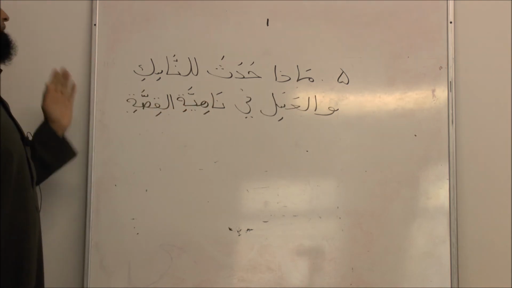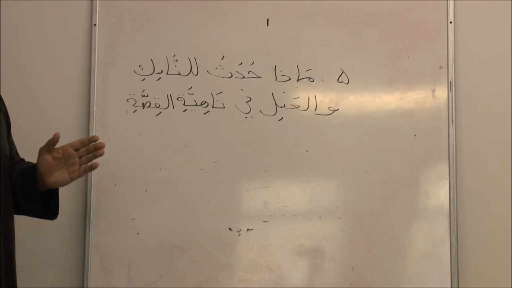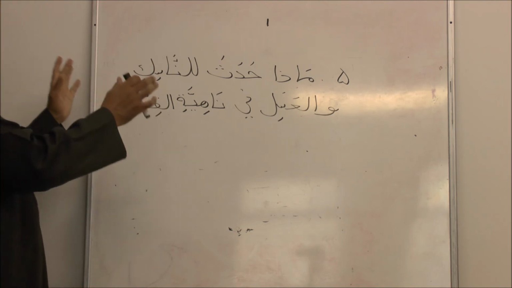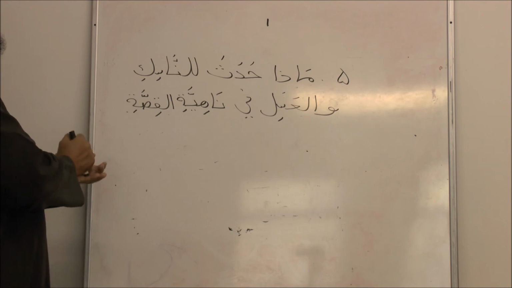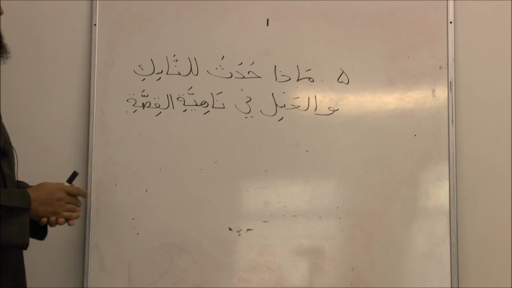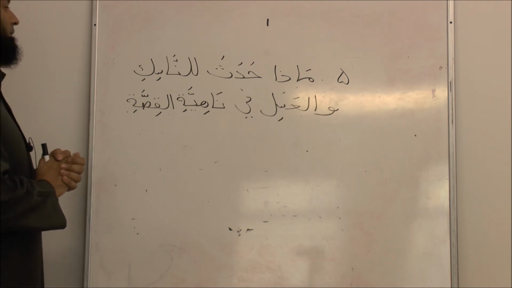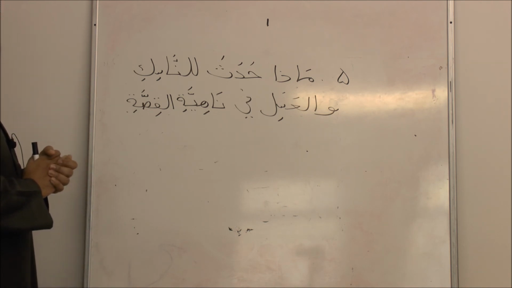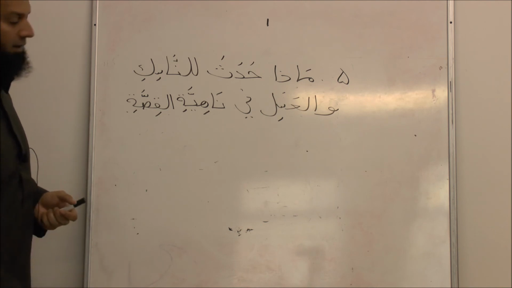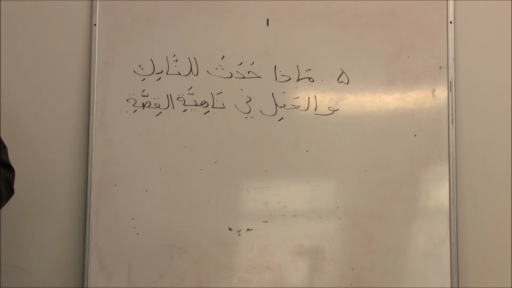في ناحية القصة. So what does it mean? ماذا حدث للناسك والأصل في ناحية القصة. What happened to the nasik and the honey in the end of the story?